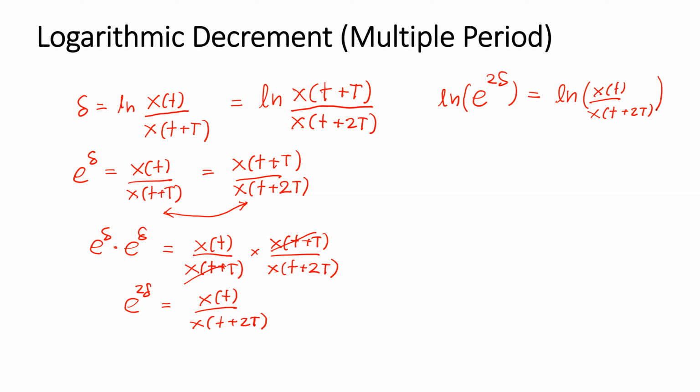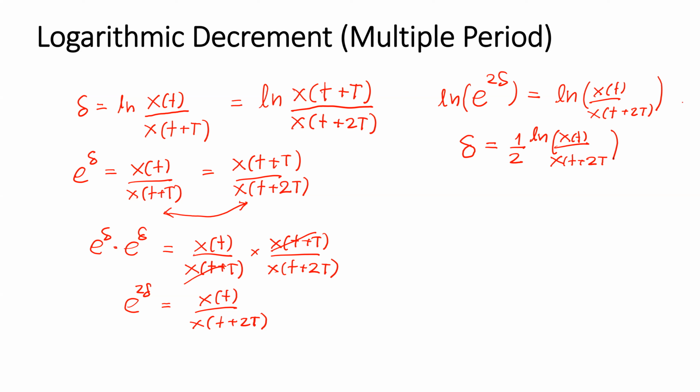Okay, so finally, what we see is the logarithmic decrement is equal to 1/2 of log x(t) divided by x(t + 2 periods). This is for 2 periods.